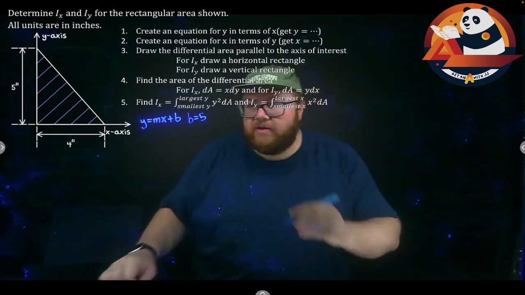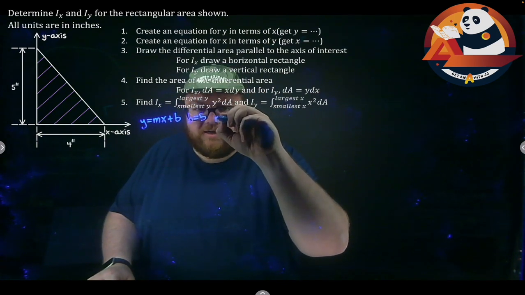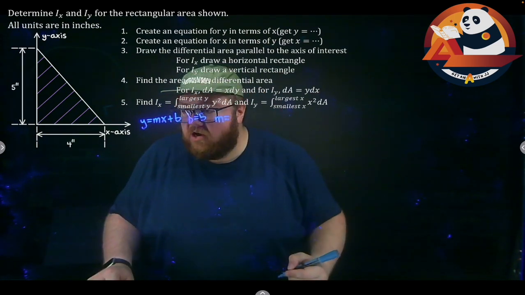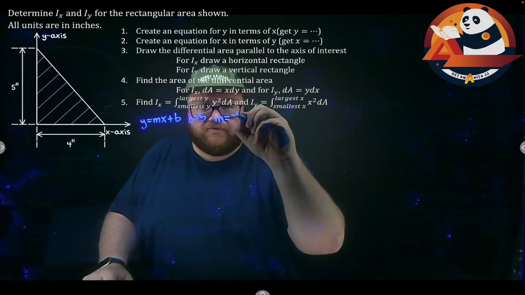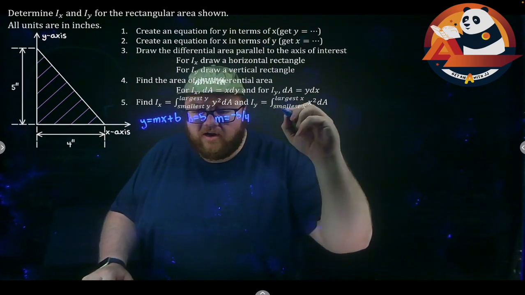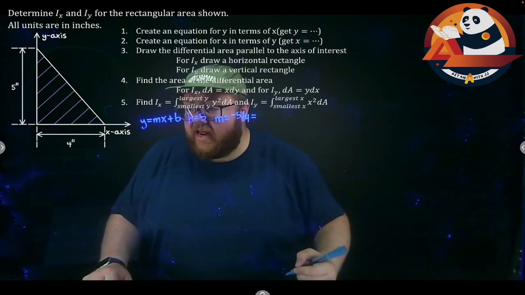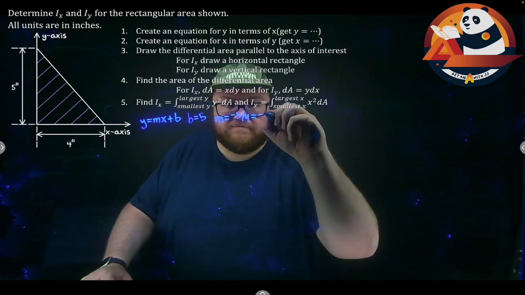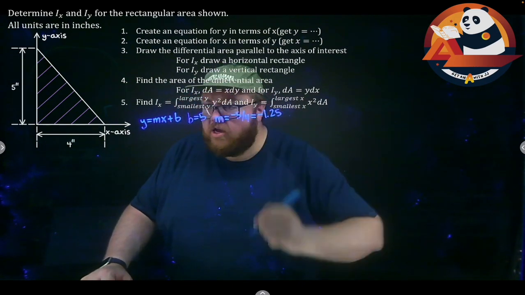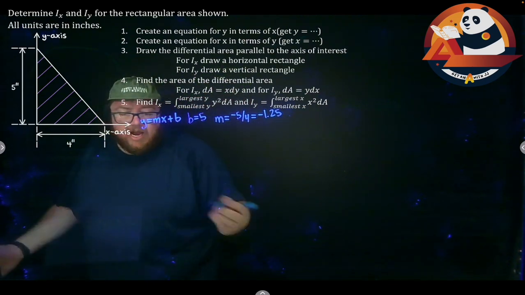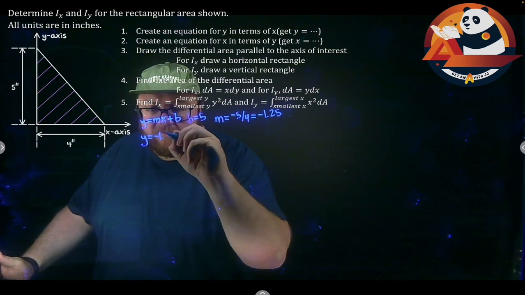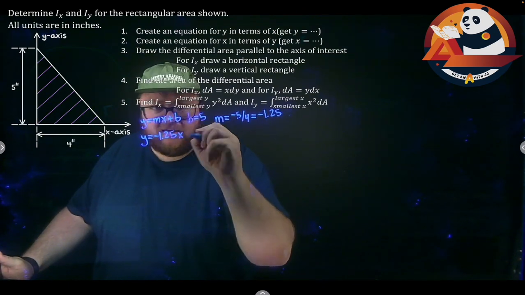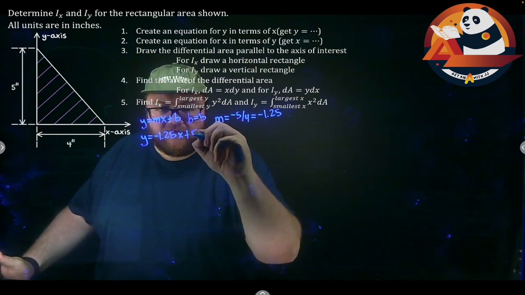M is our slope, just our rise over run. M is, well, I go down 5 and over 4, so negative 5 over 4. My slope here is negative 1.25. Which means my equation for y is y equals negative 1.25x plus 5.